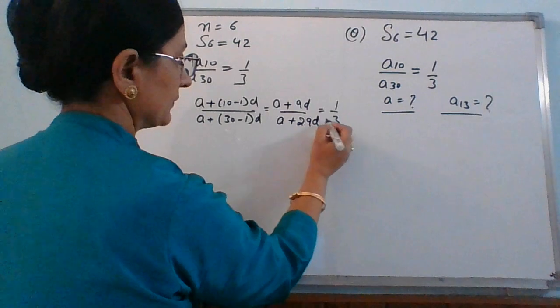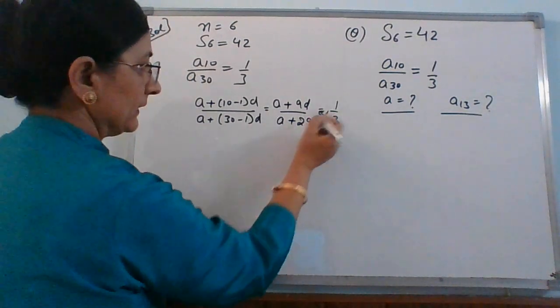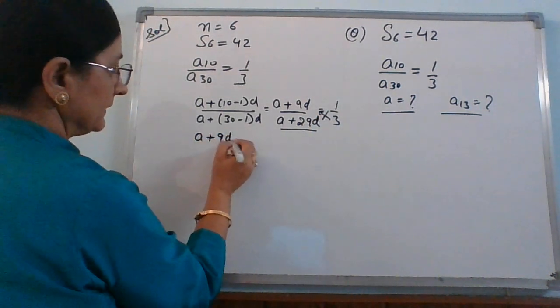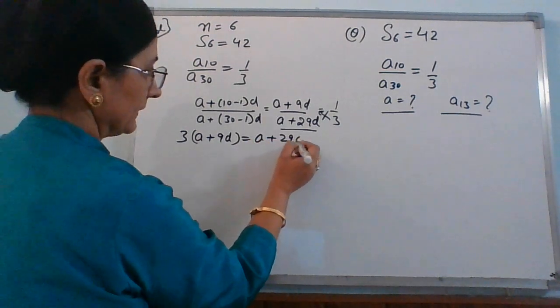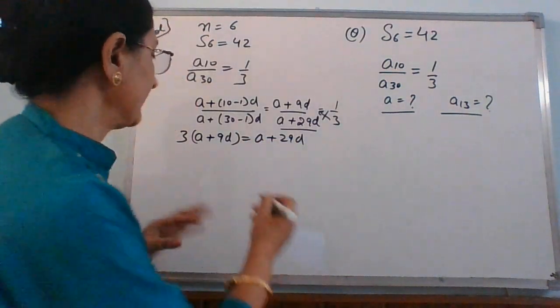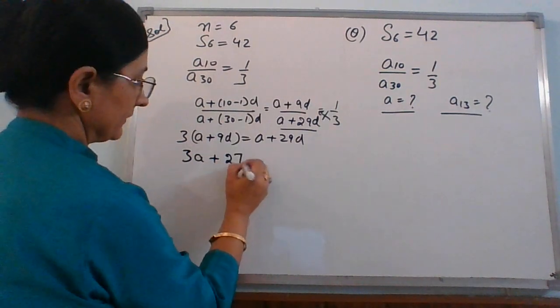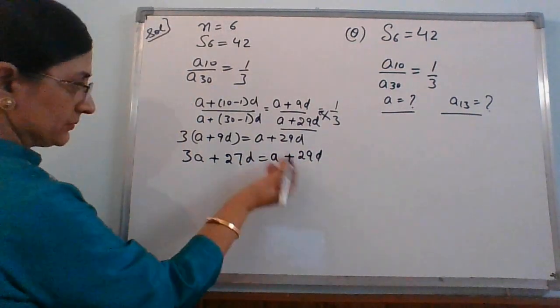The ratio is 1:3. Just cross multiply. This 3 comes here and the 1 goes to that side. So it becomes (a plus 9d) multiplied by 3 and here a plus 29d. So let us multiply by 3: 3a plus 27d, which is equal to a plus 29d. Let us bring these terms to the left side.